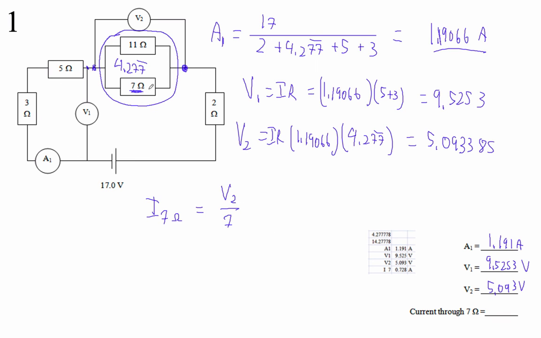Okay, and the current through the 11 ohm would be V2 divided by 11. Okay, so the number I just got, the 5.093 divided by 7 is 0.7276 amps, or 0.728 amps.